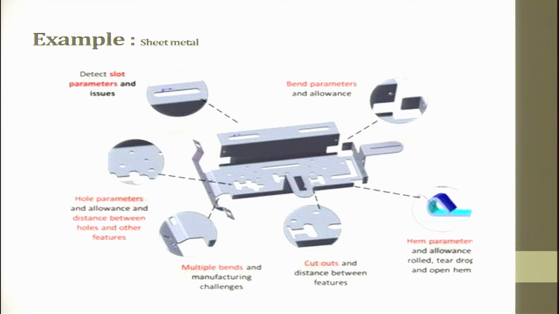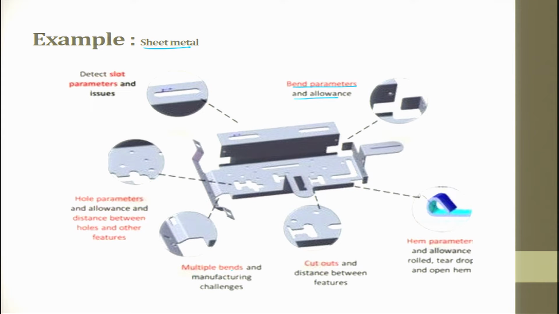So, when we talk about a sheet metal part, you can see here detect slot manufacture, slot parameters and issues, and then we try to get those details. Then here it is all bend parameters and allowance, then hole parameters and allowance and distance between the holes and other features when we look at this part.